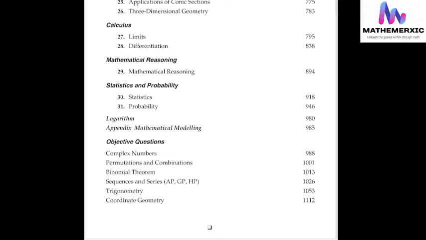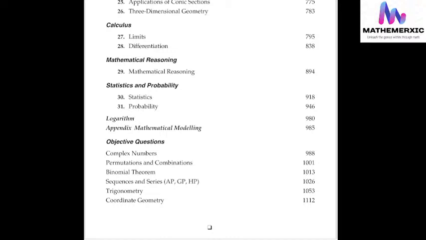Mathematical reasoning is basically a focus on the reasoning part itself, and statistics we already know. A lot of stuff is there in statistics. In probability, the new addition will be Bayes theorem. That is the basic stuff related to the grade 11 syllabus.